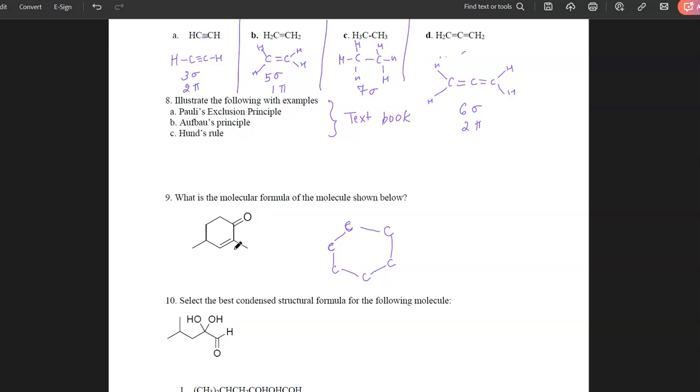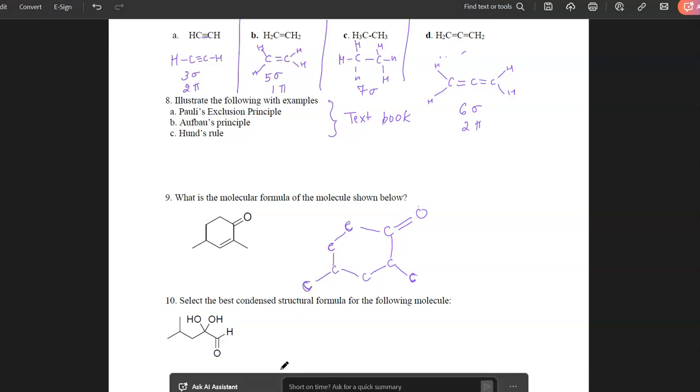So there are 6 carbon atoms in the hexagonal ring. Then you have a double bond to oxygen, and at the end of the chain where nothing is written, that means there's another carbon. Same thing here, we have another carbon.